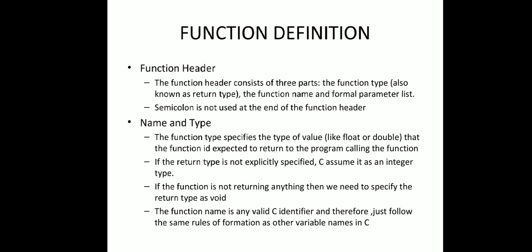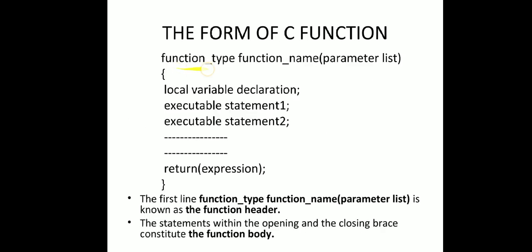What is function header? Function header consists of 3 parts. Function type, also known as return type. So this gives a clue. Whenever you return some value, data type of that value should match with the function type or return type.